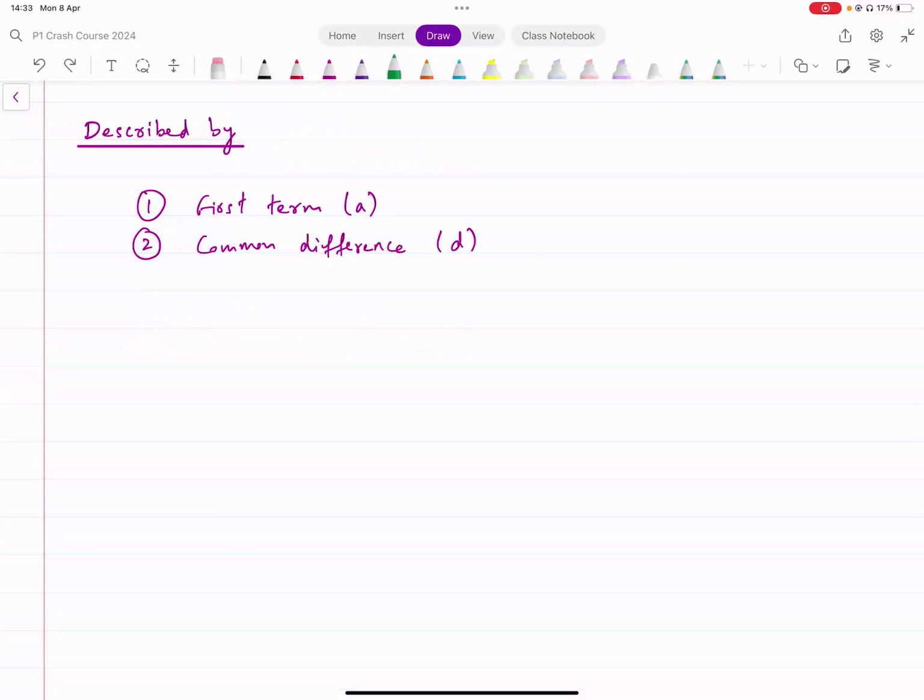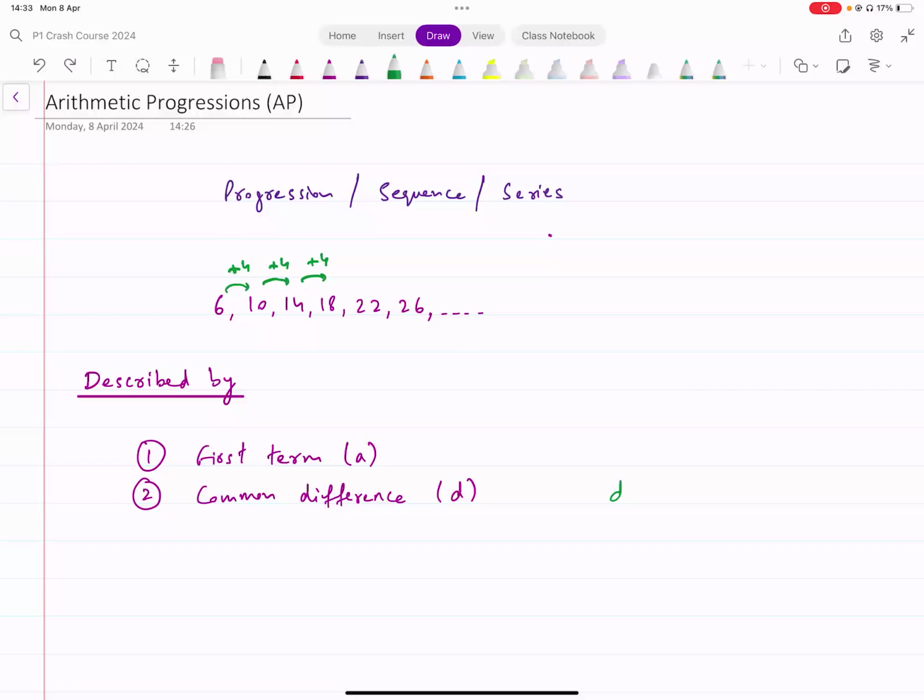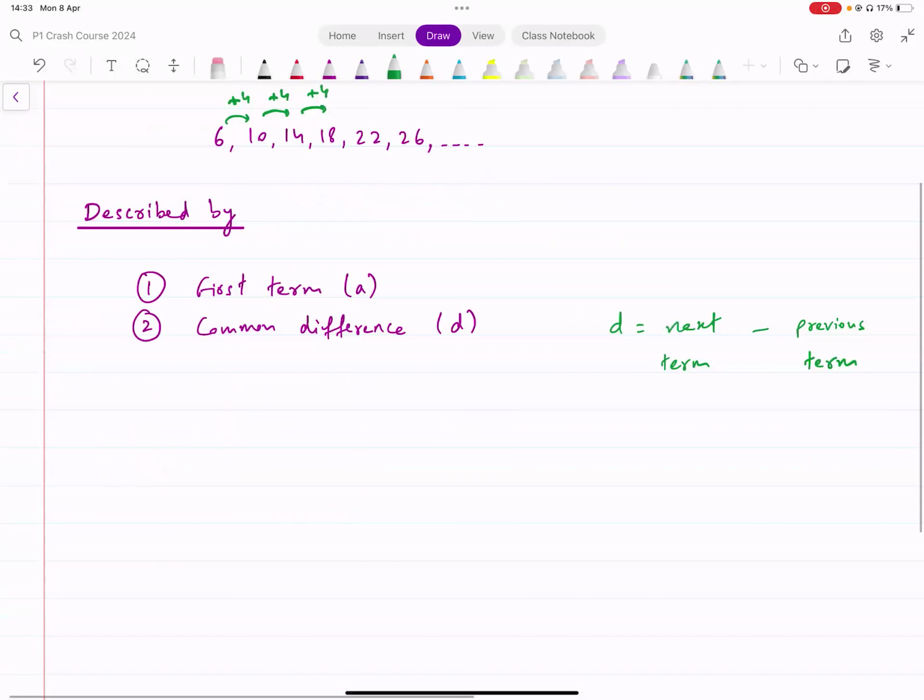If you had to find the difference of an arithmetic progression, all you have to do is: difference is equal to the next term minus the previous term. So for any two terms, the term that's coming after, you subtract from that the term that's coming before.